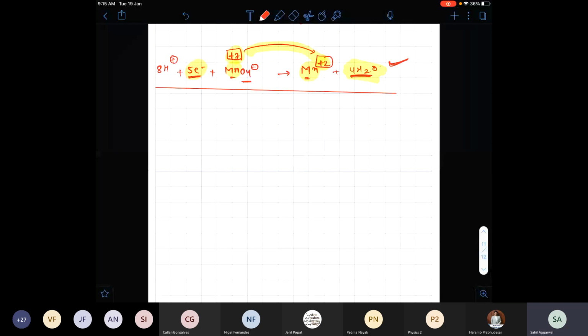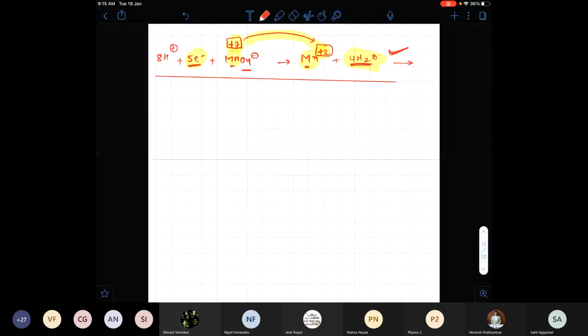All of you understood this? Sir, please explain again. First, see, we have MnO4 minus, and here we have Mn2 plus. Here the oxidation state is plus 7. Here it is plus 2. The difference is 5.